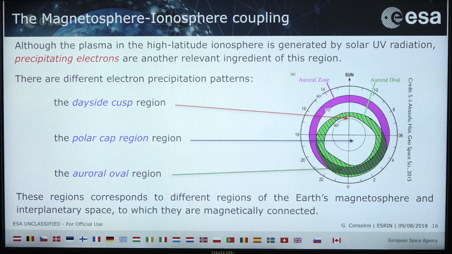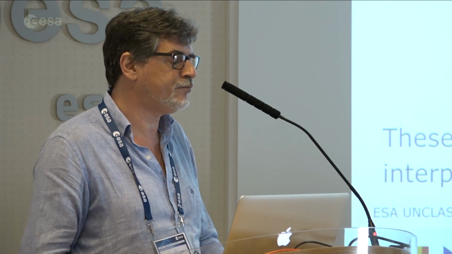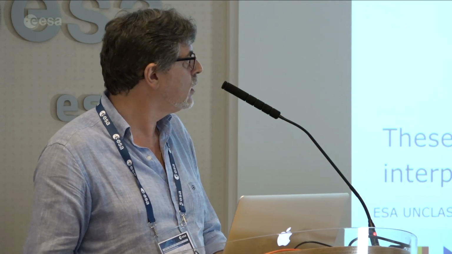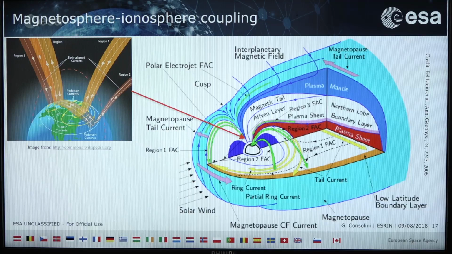And then inside we have a polar cap. The particle precipitation in this region is completely different because it depends on the physical properties of the plasma to which they are connected. This is a much more complicated scenario. So if you look at this, this is an image of the Earth's magnetosphere.